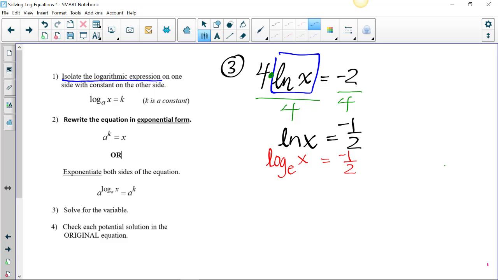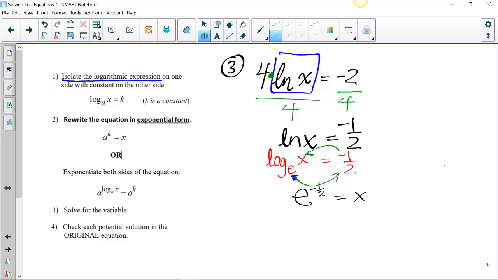Exponential form, you need a base. Base on natural log is e. So that becomes e. We need a power. So that would be e to the negative 1/2 power gives me x. There's my equation. e to the negative 1/2 is equal to x.